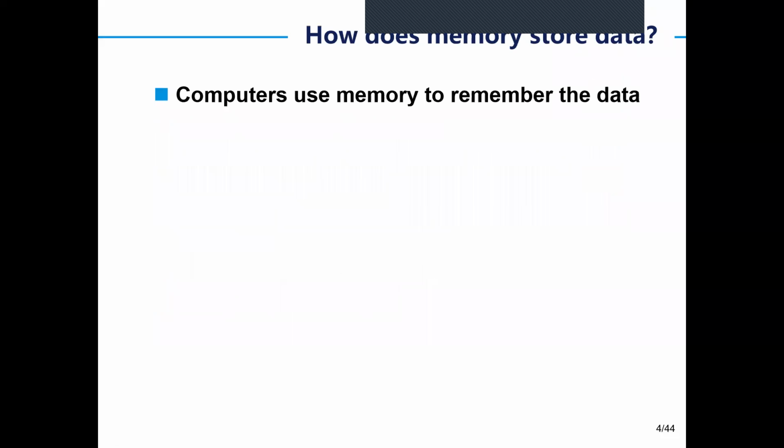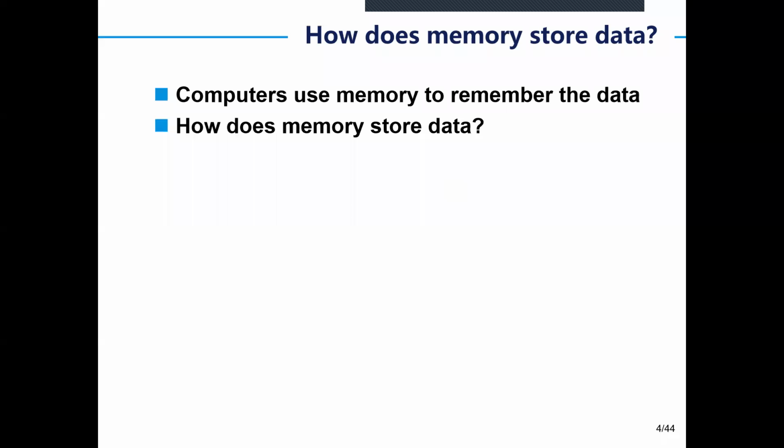We know that computers use memory to remember data. While a program is running, the data and the code will be loaded into the memory. How does memory store data?